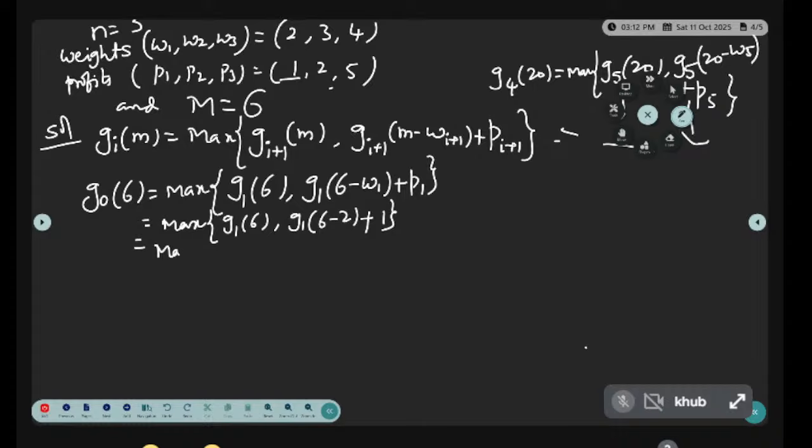This equals maximum of G1 of 6 comma G1 of 4 plus 1.